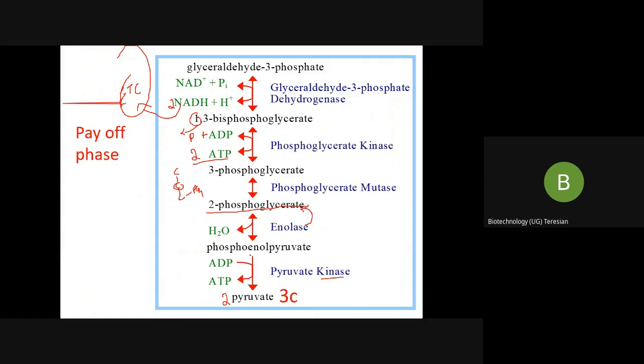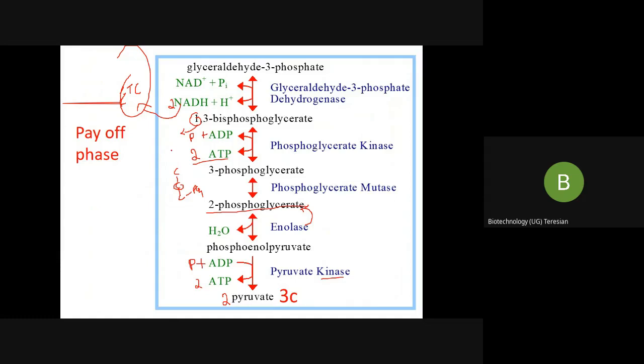It removes the phosphate group, and this phosphate group binds to the ADP and forms an ATP, forming the byproduct 2 molecules of ATP and 2 molecules of pyruvate.